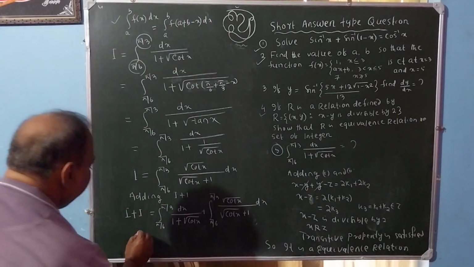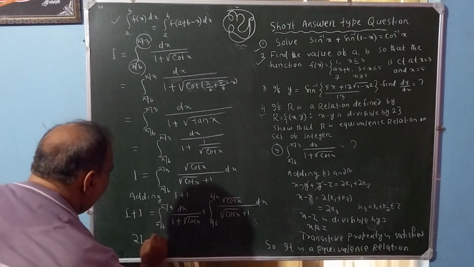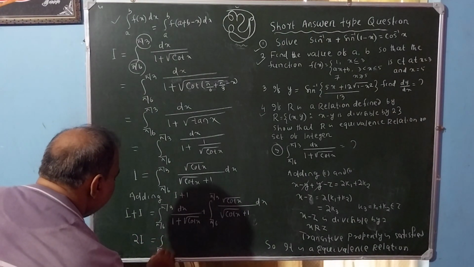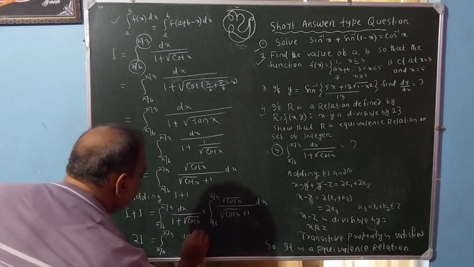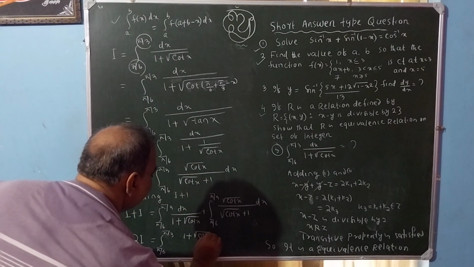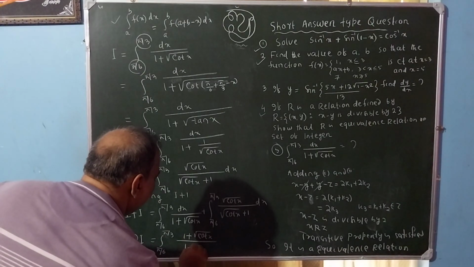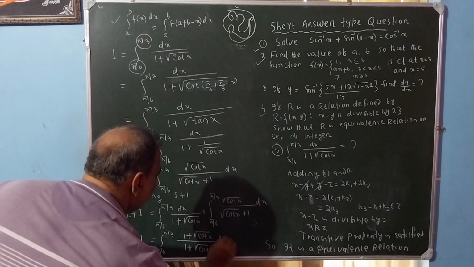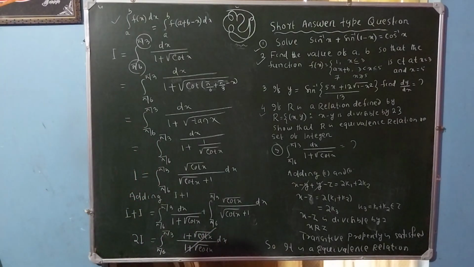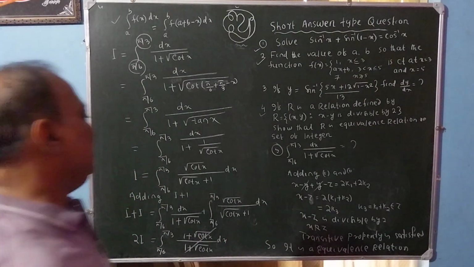So that will be 2I is equal to integration from pi by 6 to pi by 3, 1 plus root over cot x divided by 1 plus root over cot x into dx. This is cancelled.